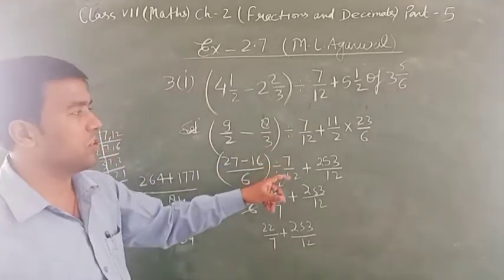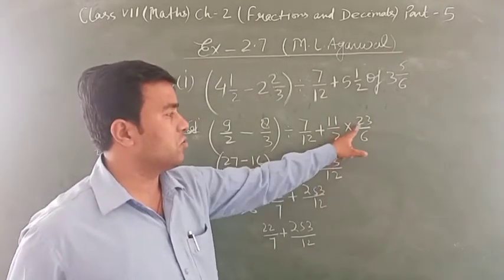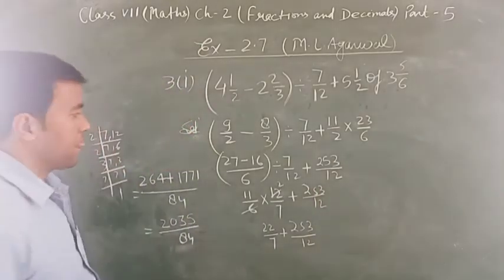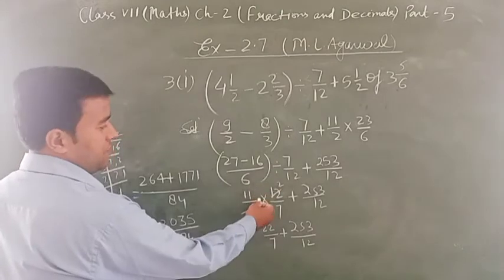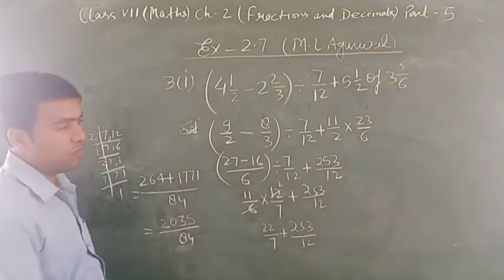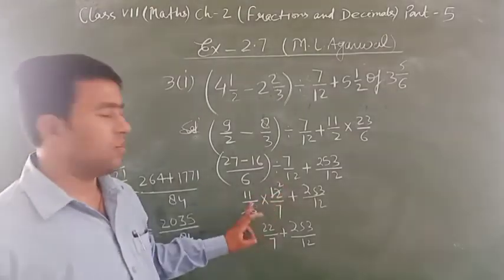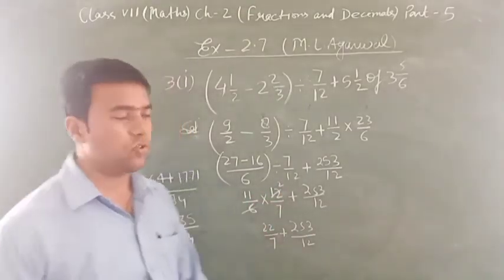Divide by 7 by 2, 11 times 23, 11 times 3 is 33, 11 times 2 is 22, plus 3 is 25, 253 by 12. 27 minus 16 is 11 by 6, divide changes to multiply, 12 by 7 plus 253 by 12. Reduce 2 times 6 is 12, 11 times 2 is 22, so 22 by 7 plus 253 by 12.